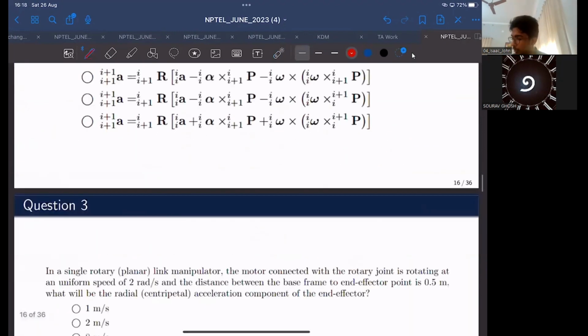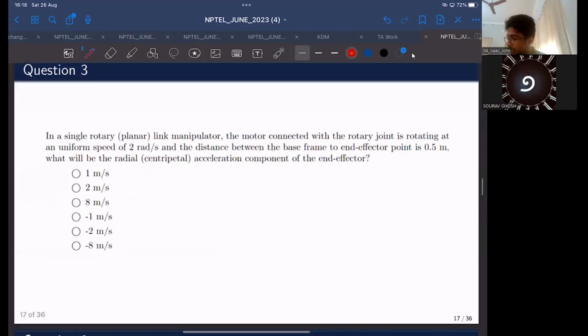Okay, moving on to question 3. This is a numerical problem. What does the question say? It says, in a single rotary link planar manipulator, the motor is connected with the rotary joint rotating at a uniform speed of 2 radians per second. And the distance between the base frame to the end effector point is 0.5 meters. What will be the radial or centripetal acceleration component of the end effector?